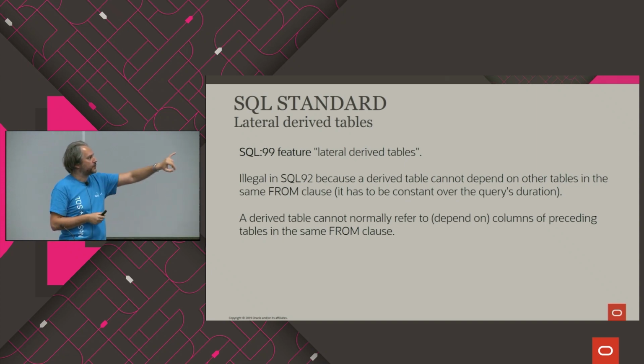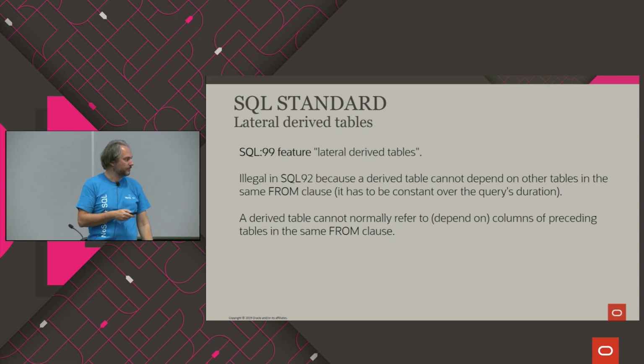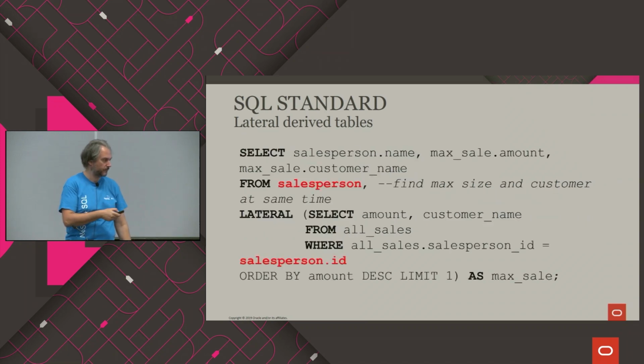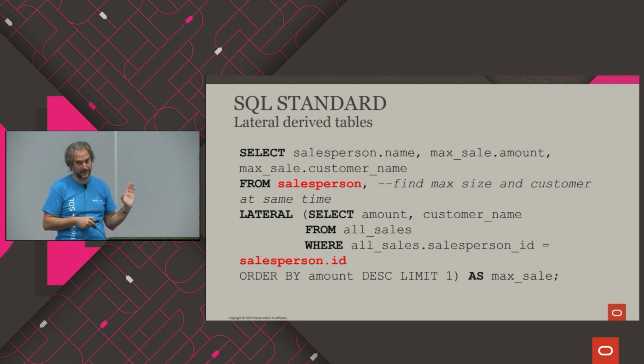And so this is a feature from SQL 99, and it allows you, in a query, if in a from clause you have a table and a subquery, then in the subquery, in the derived table actually, you can refer to the other previous tables on the left side.